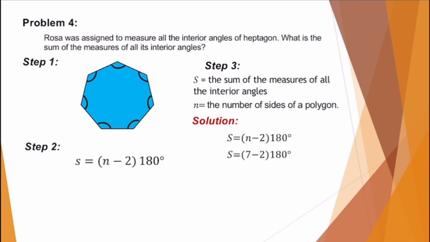So we have 7 minus 2 times 180. We will have now 5 times 180. And after that, let's simplify. 5 times 180, we will have 900 degrees. Therefore, for our step 4, the sum of the measures of all interior angles of a heptagon is 900 degrees.